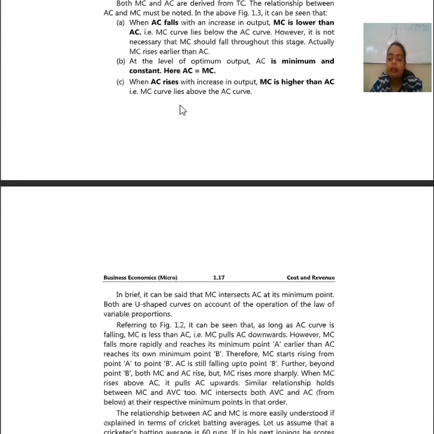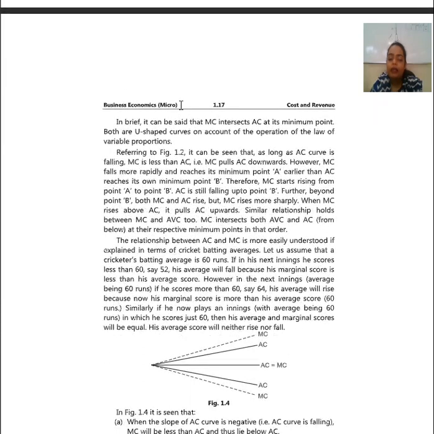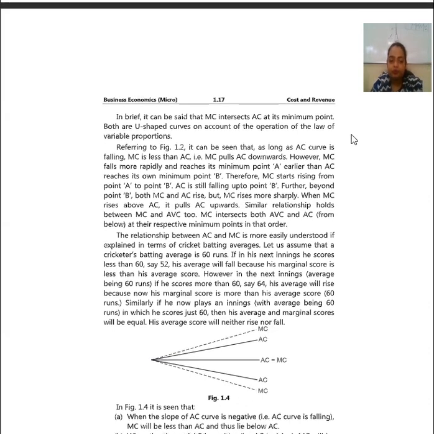So we can understand how the relationship keeps on changing, and both these levels of output are also changing similarly. Now, in brief it can be said that marginal cost intersects average cost at its minimum point. Both are U-shaped curves on account of the operation of the law of variable proportions.